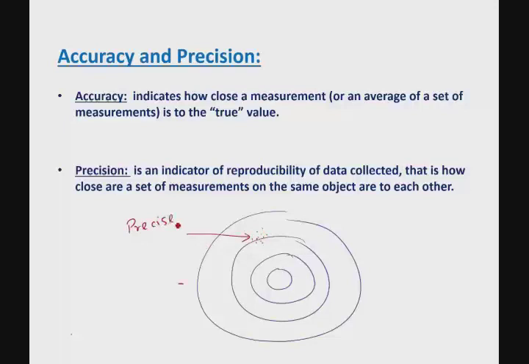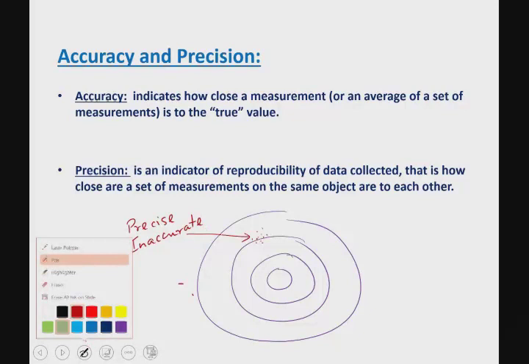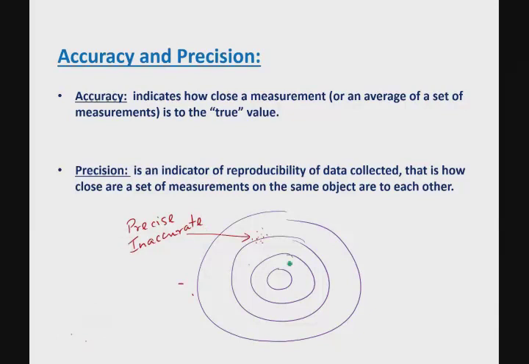There's a high degree of precision, there's a high degree of reproducibility, but not accurate. Let's say another player throws darts, several of them, that are all over the board. These set of data are neither precise nor accurate.